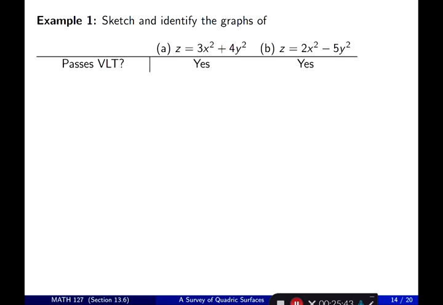One thing, do they pass the vertical line test? Yes, both of these two do. Intersect with x equals c. Those are planes that are parallel to the yz-plane. This one gives you a parabola up, this one gives you a parabola down.